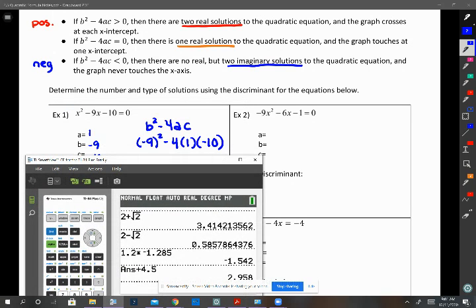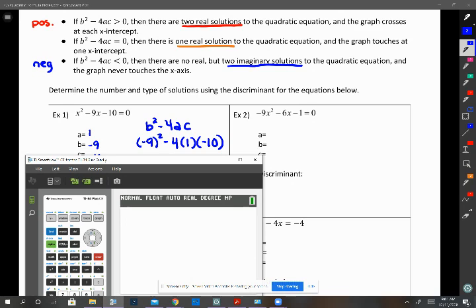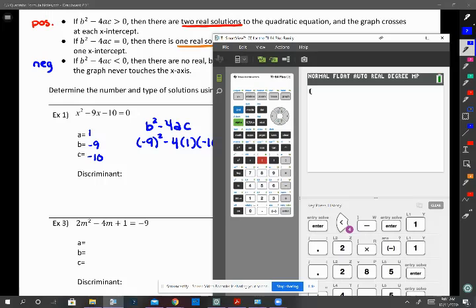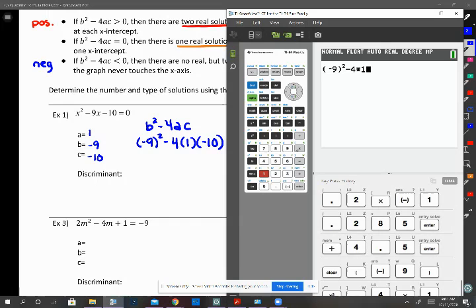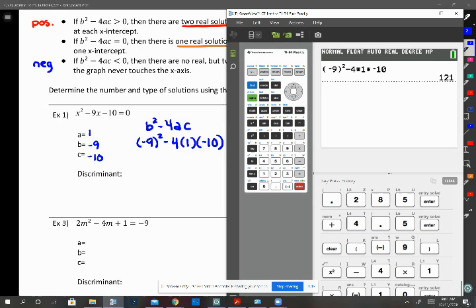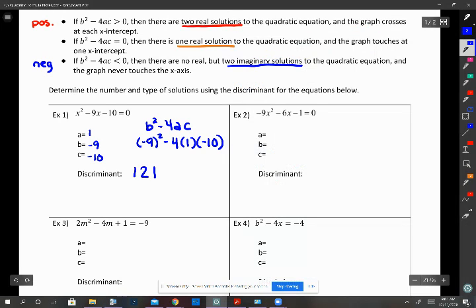So I do parentheses, negative 9, close the parentheses, square it, and then minus 4, it's always 4, times a times c. We plug it in and we get our answer. Our discriminant is 121. Because it's a positive number, that means you get two real solutions.